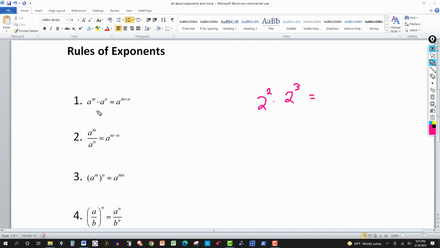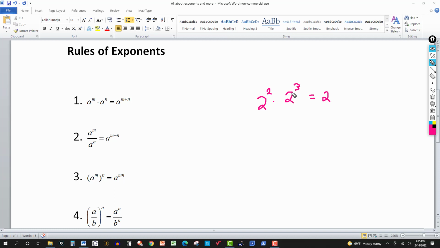Now the first property or rule states if you're multiplying 2 bases that are the same, one's taken to the n power, the other one's taken to the n power, it says bring down the base and add the exponents. And now that makes sense because if I look at 2 to the 2nd, that means 2 factors of 2.